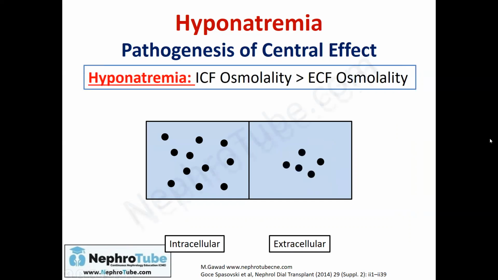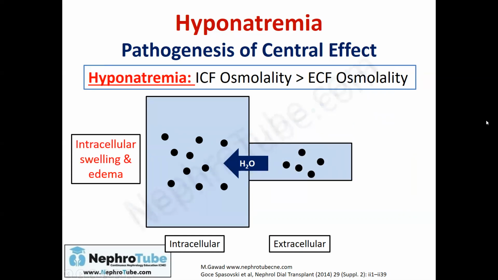In case of hyponatremia, as we said that sodium is mainly an extracellular ion, sodium will decrease in the extracellular compartment, which decreases the tonicity and osmolality of the extracellular compartment relative to the intracellular part. That will cause a shift of water from the extracellular compartment to the intracellular compartment with swelling and edema of cells.